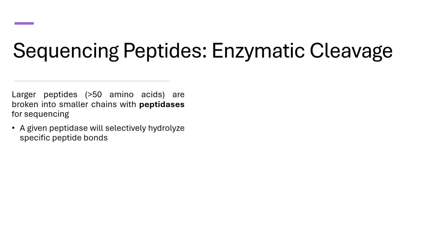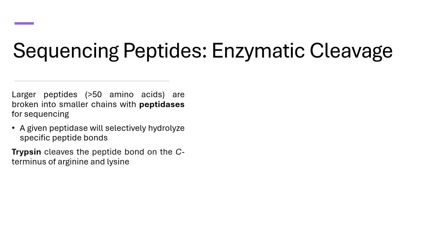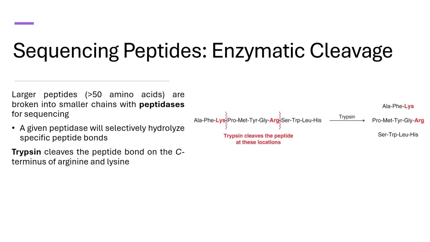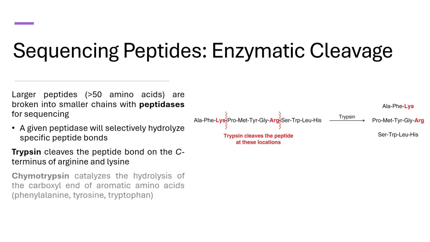So we would get information then about the connections between lysine and arginine. Chymotrypsin catalyzes the hydrolysis of the carboxyl end of aromatic amino acids: phenylalanine, tyrosine, and tryptophan. The smaller fragments are then sequenced by Edman degradation.